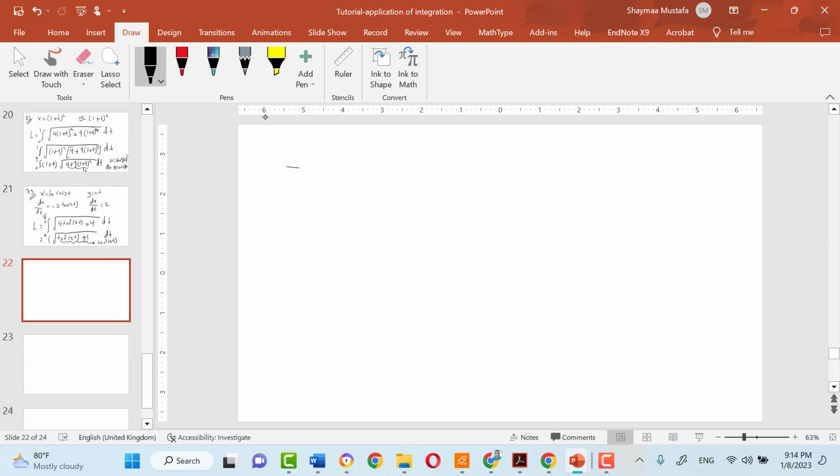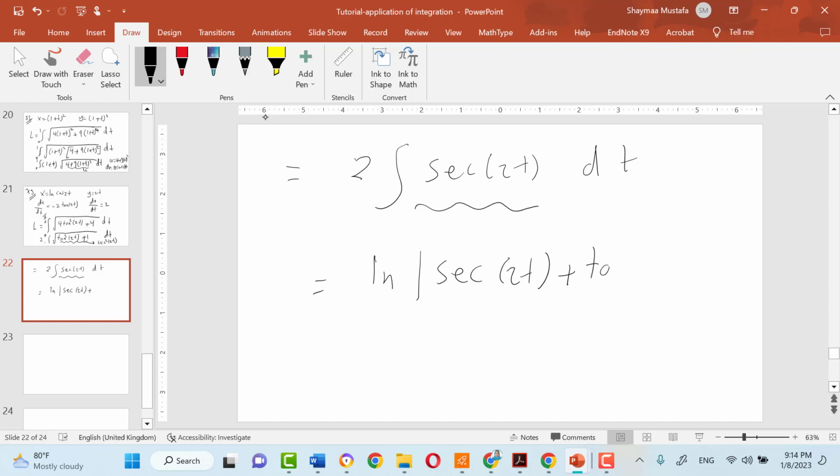It will be equal to the integral of sec 2t dt, and this is equal to natural logarithm of sec 2t plus tan 2t. This is your integration. Now you have to substitute from 0 to pi over 6. You have to use this substitution. Also for question 7I, same idea.